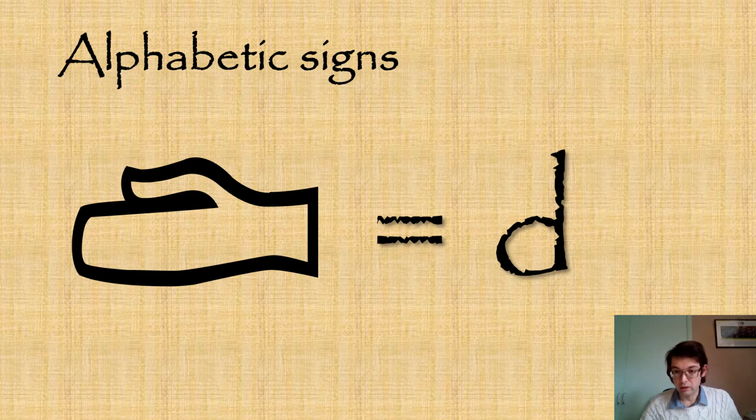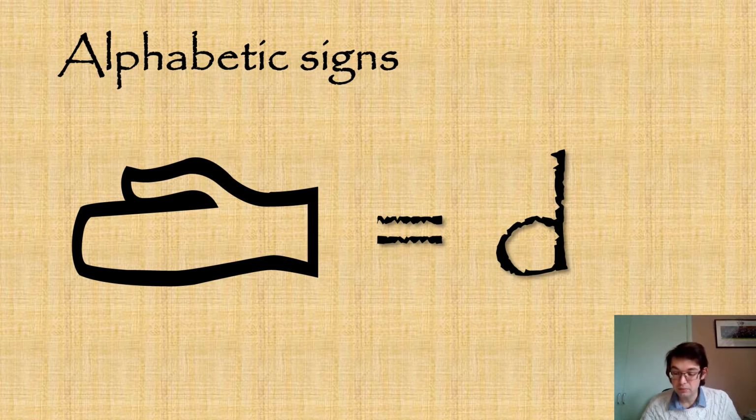Now, we might think that's a bit strange. Why draw a hand when you don't mean a hand and actually just mean D? But come to think about it, all alphabets use seemingly random symbols to represent particular sounds. Why is our rendering of D, a circle with a line coming off it, any less strange?